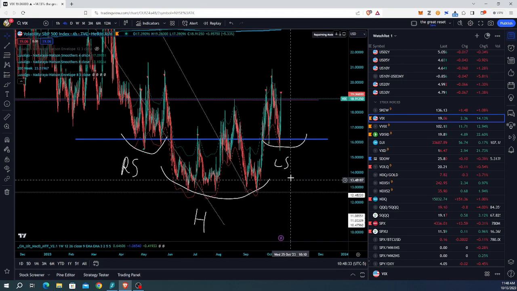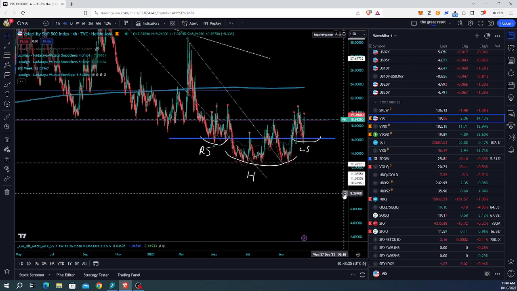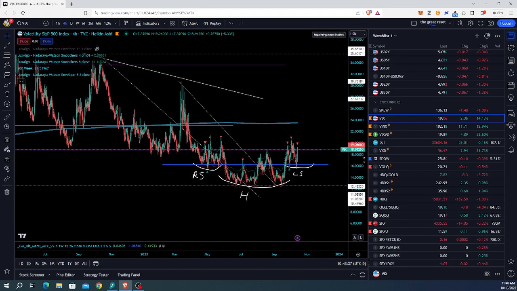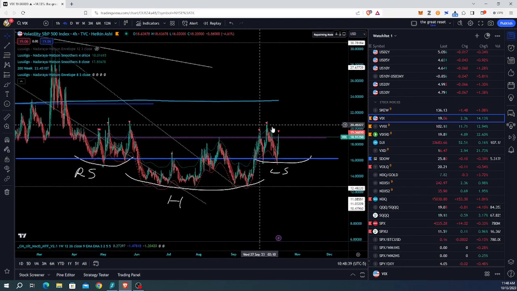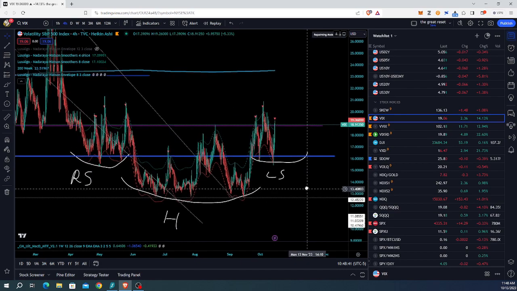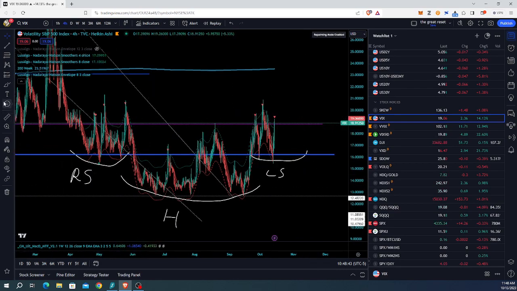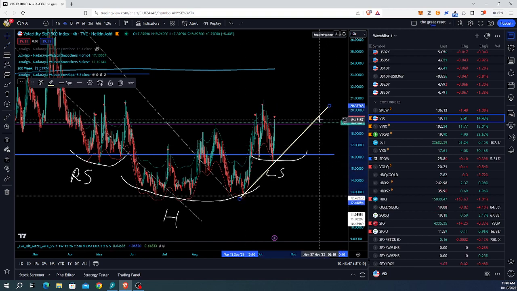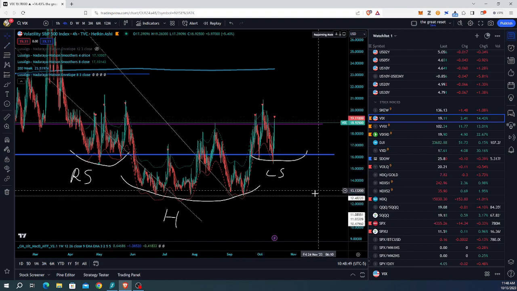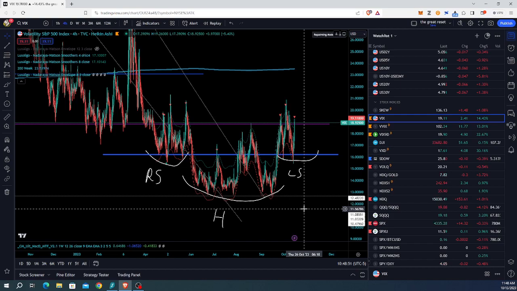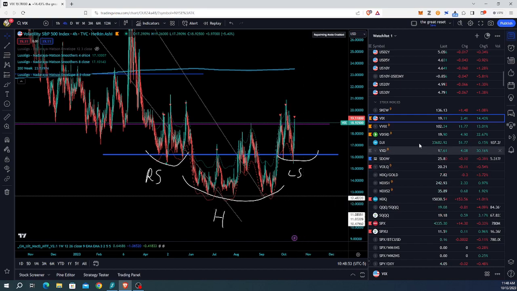If that in fact happens, obviously we're going to be dealing with more trouble in the equity markets, but at least on the surface level right now, this does look to me to be a reversal of the volatility index, which would indicate the stock market is going to be going down more.